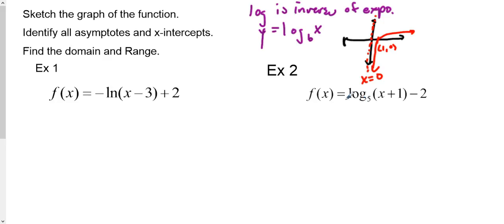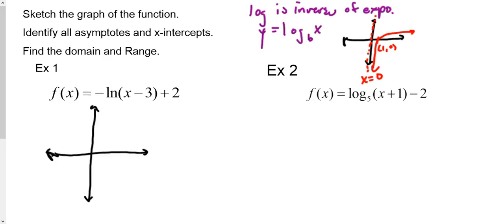All right. So, using this knowledge that a basic logarithm has a vertical asymptote and an x-intercept, we're going to use that information to help us sketch the graph of these two different functions. So the first one, we're going to graph this one, and we're going to determine some key features of it.